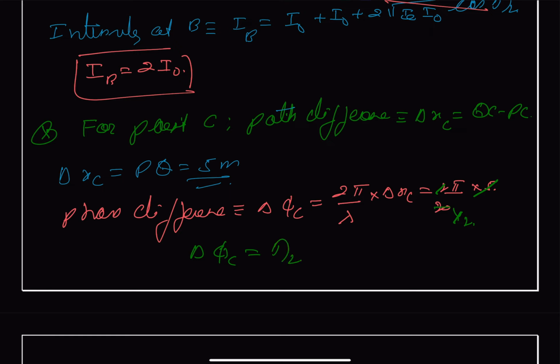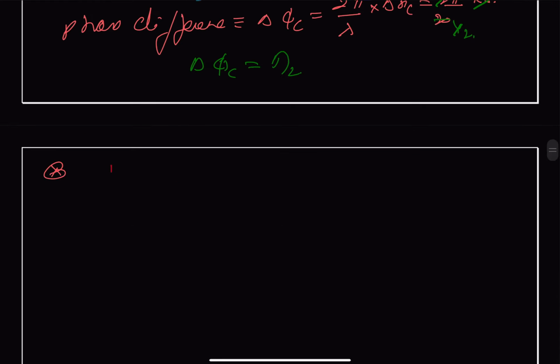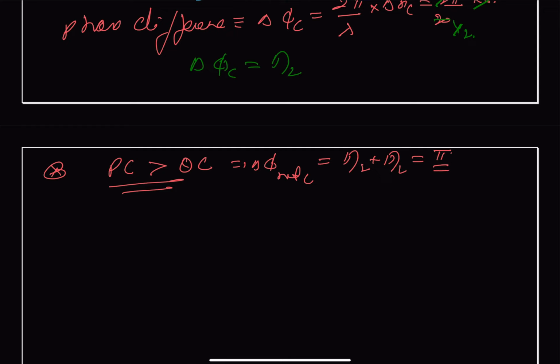And here we can say that there is extra phase difference because of the phase difference between P and Q. But the point C is closer to P than it is to Q. You can say our PC is greater than QC. Therefore, delta phi net of C will be equal to pi by 2 plus pi by 2, and that will be our pi. Now we can find out the intensity at C.